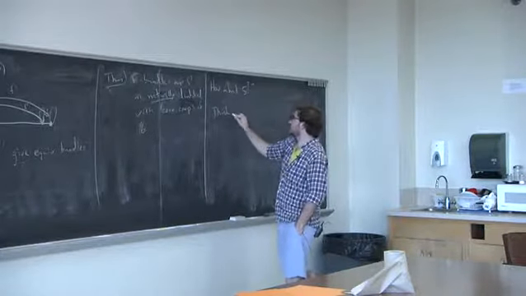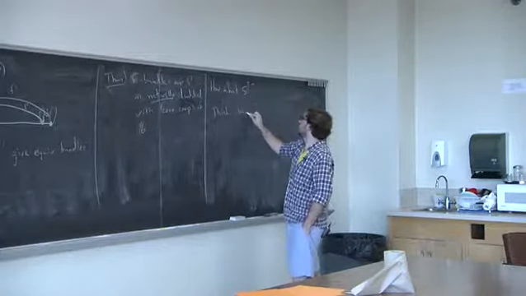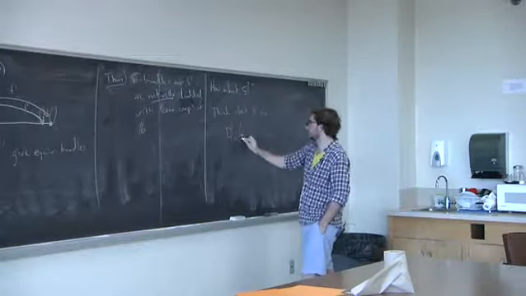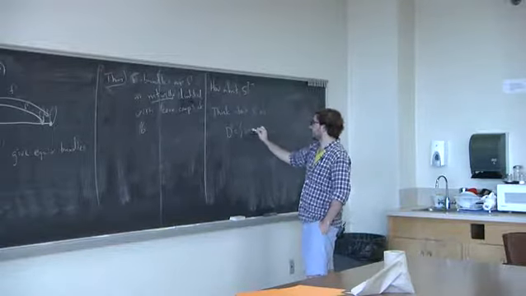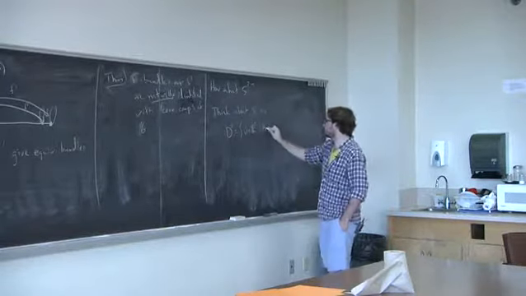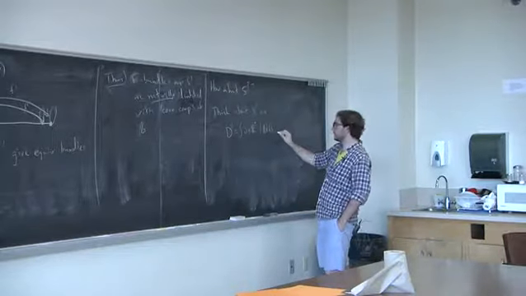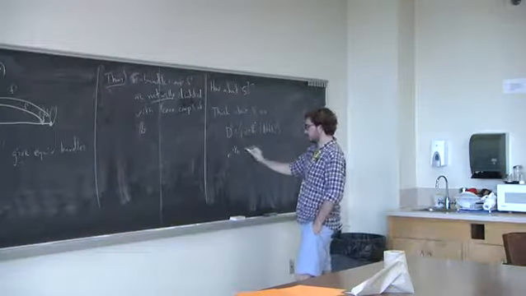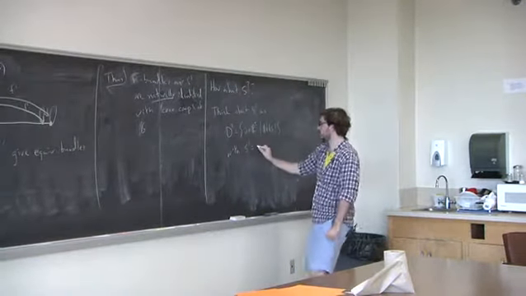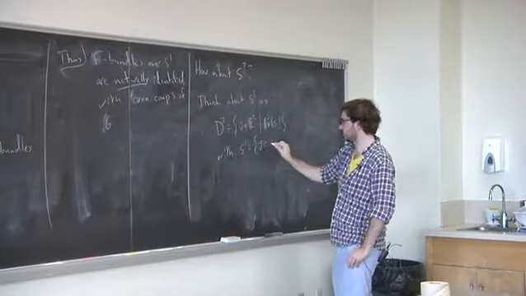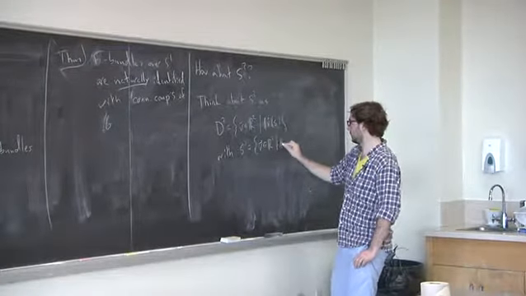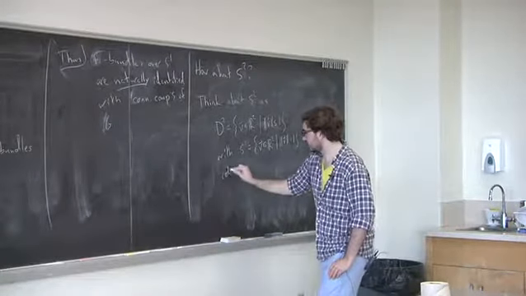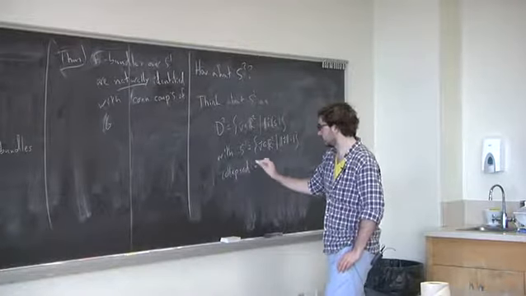So let me just give you this to think about. Think about S2 as D2. So this is vectors in R2 with norm less than or equal to 1, with S1, just the unit circle, collapsed to a point.